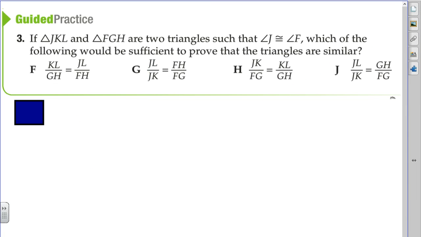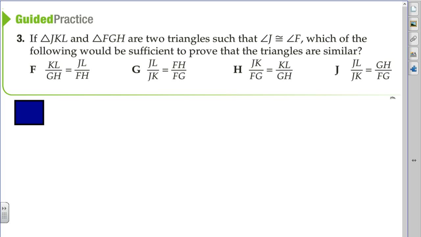Oh, another problem here, just to see if you could pick up a different way of doing this about the similarities. Triangle JKL and FGH are two triangles. We know that angle J and angle F are congruent.